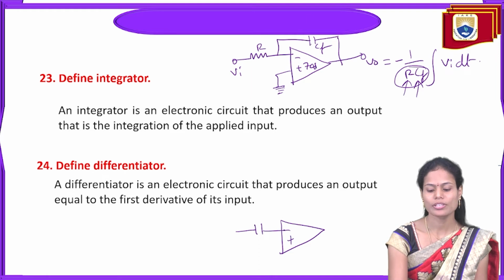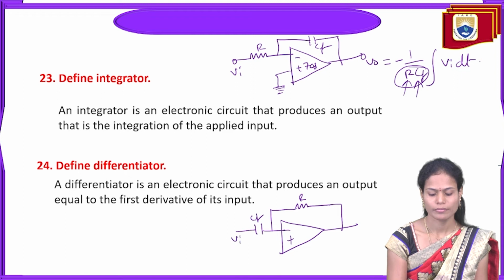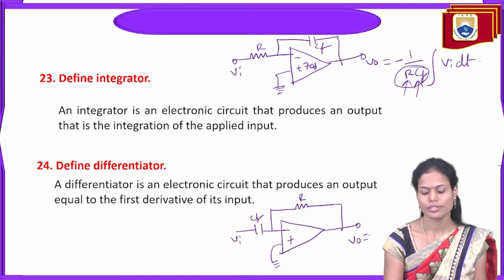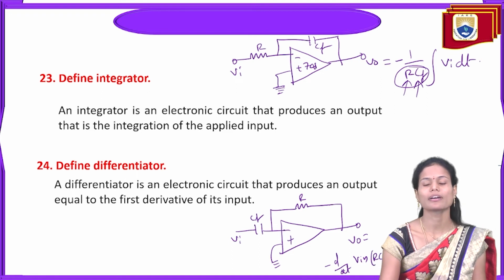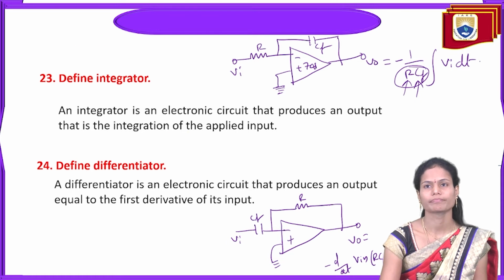If we interchange the capacitor as well as resistor in the integrator, we can form the differentiator circuit. This is V0, that is, we will get it as minus d by dt of Vin into RCF. Again, RCF is the time constant of this differentiator circuit.